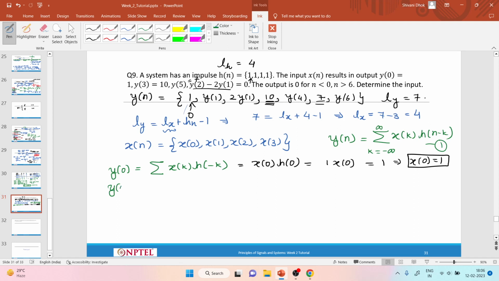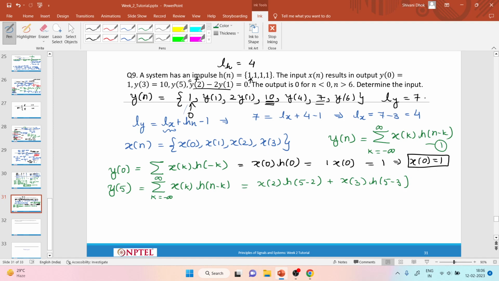So if we look at y of 5, it is equal to summation of k running from minus infinity to infinity, x of k, h of n minus k, and this is equal to x of 2, h of 5 minus 2, plus x of 3, h of 5 minus 3.